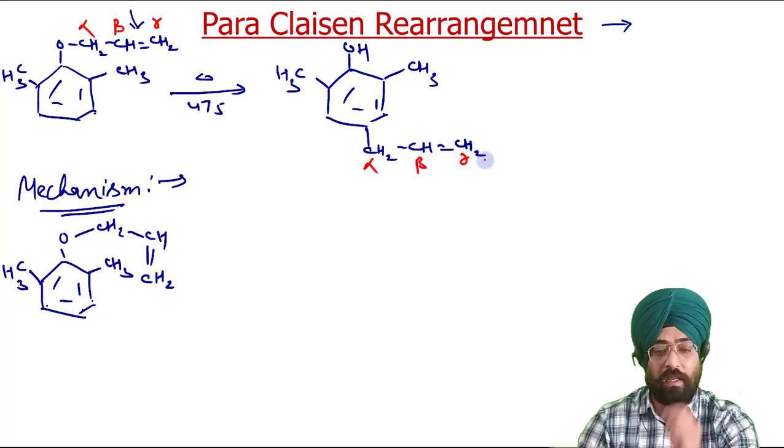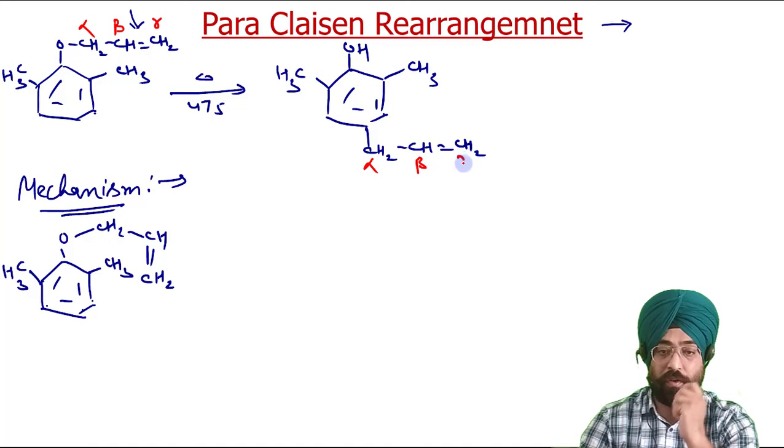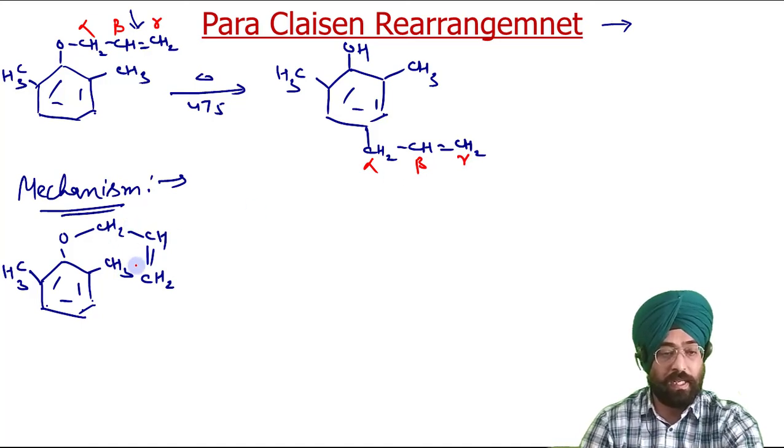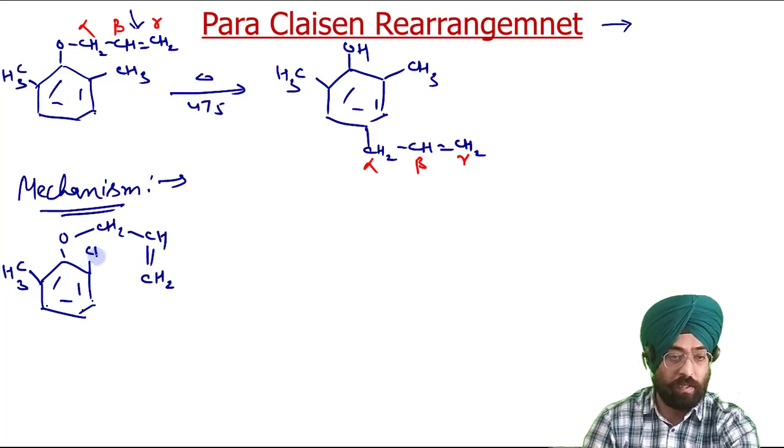After the mechanism it will be quite clear. Let us see what the mechanism will be. As usual, I will place it a little away, and it is better to show it like this.